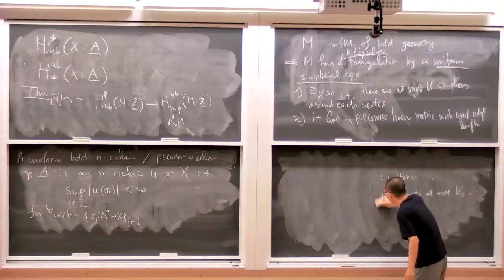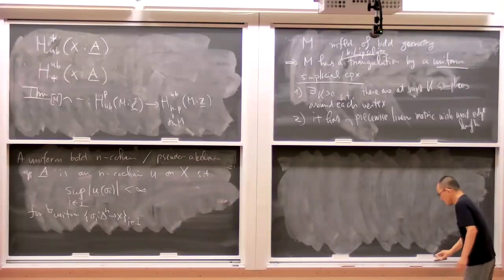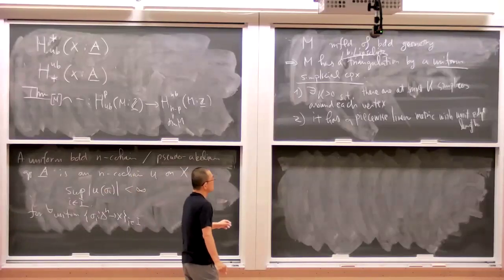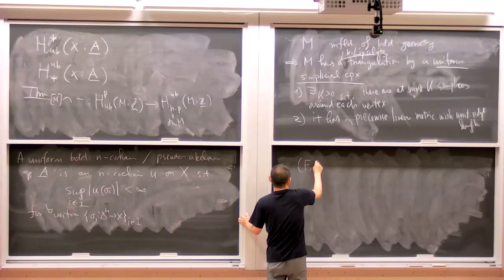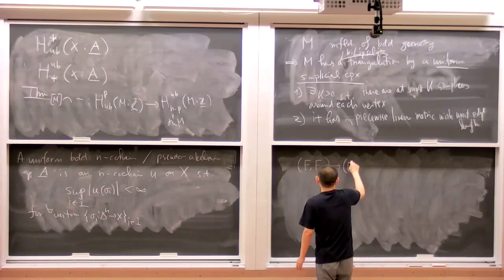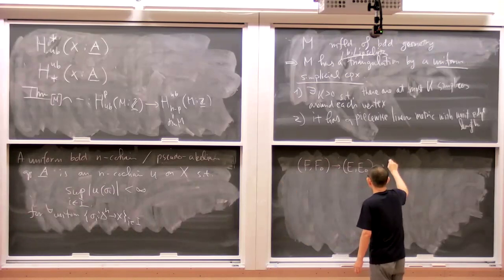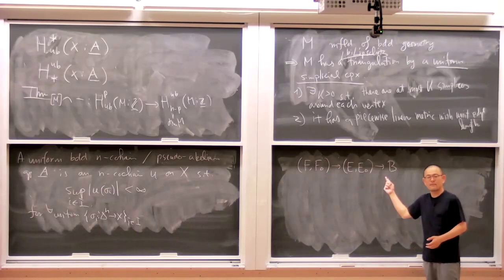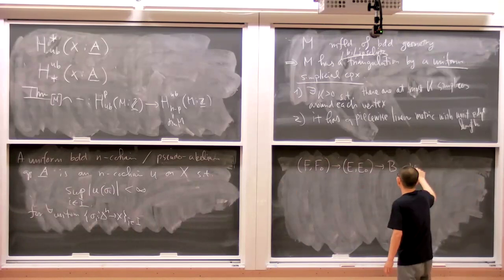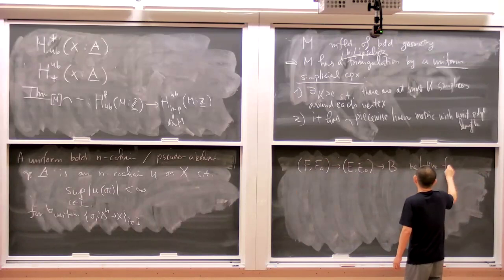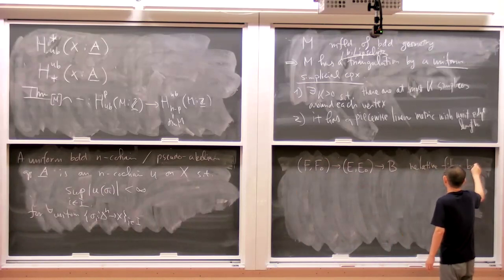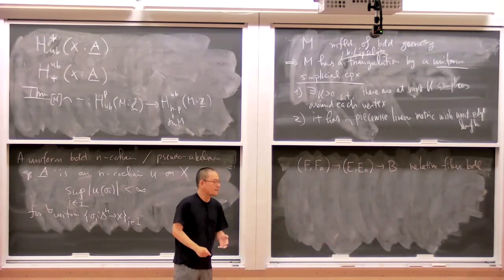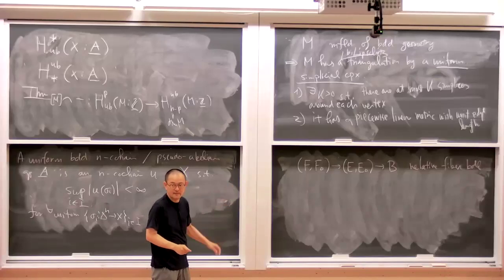Namely, we can build up the obstruction theory in the following form. Let's consider the relative fiber bundle, a pair of fiber bundles over B. We can define its uniformness by the uniform continuity of trivialization.